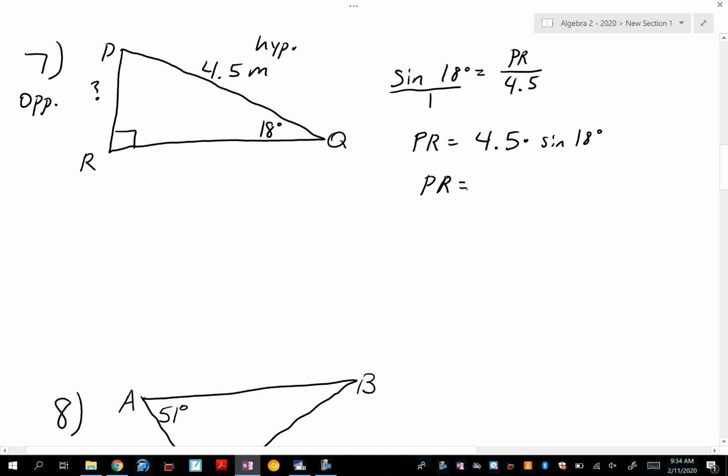So if you go to the calculator and type in 4.5 times the sine of 18 degrees, you'll get 1.39, and we're rounding here to the nearest hundredth, so 1.39 meters. All right, so that is the answer for number 7.